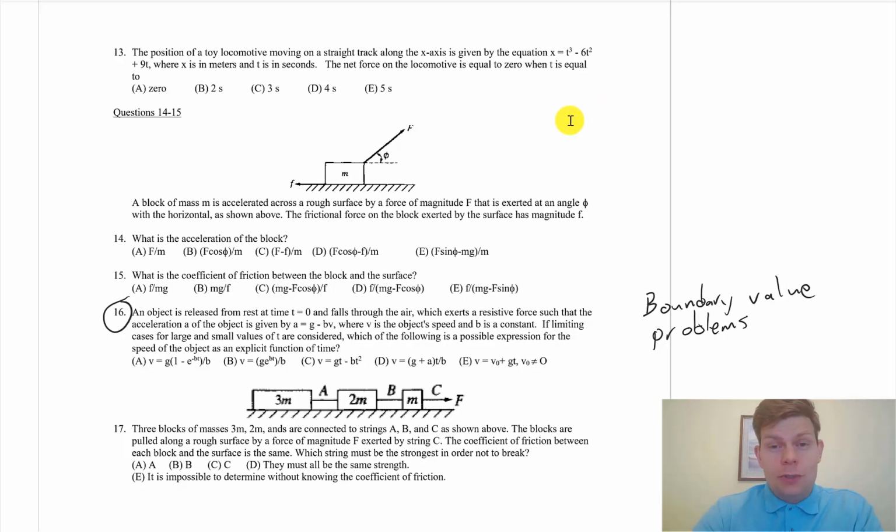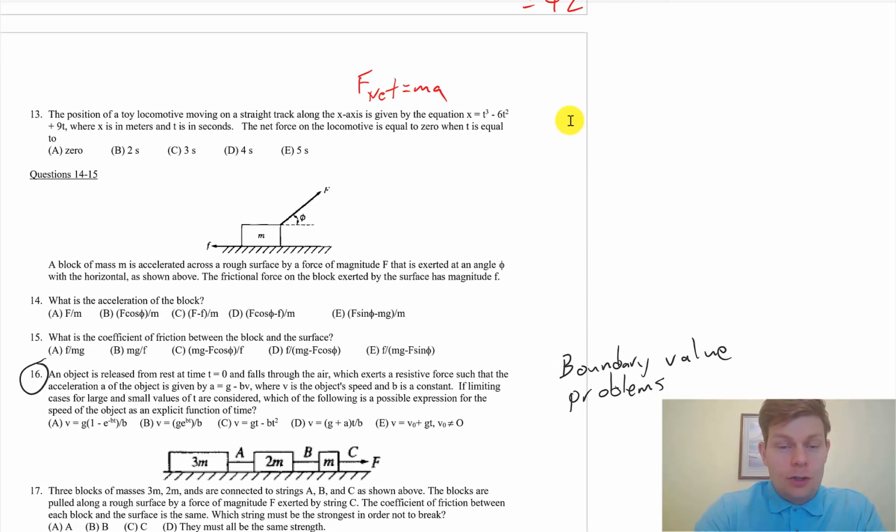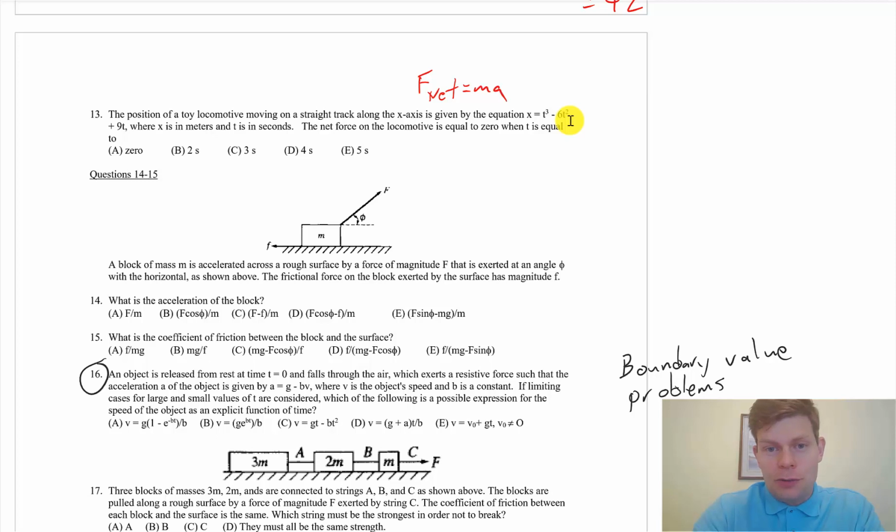Net force will equal 0 when acceleration equals 0 and no other time, because F net equals ma, and unless they've figured out a massless locomotive, it's going to be the acceleration that goes to 0. So let's find our acceleration function and figure out where that goes to 0.